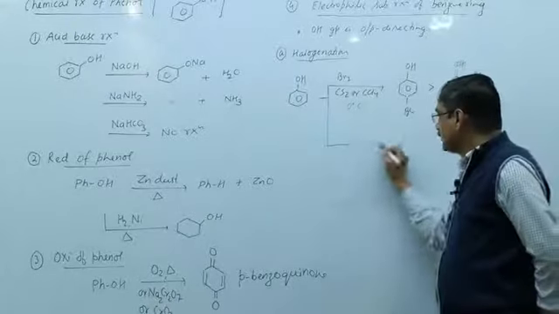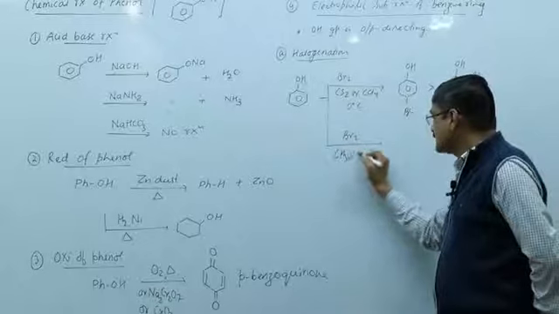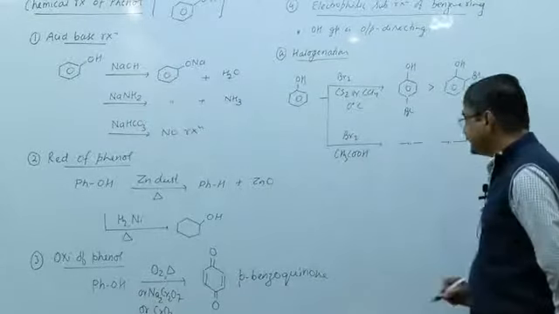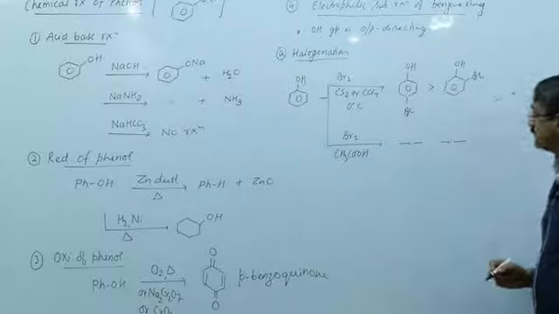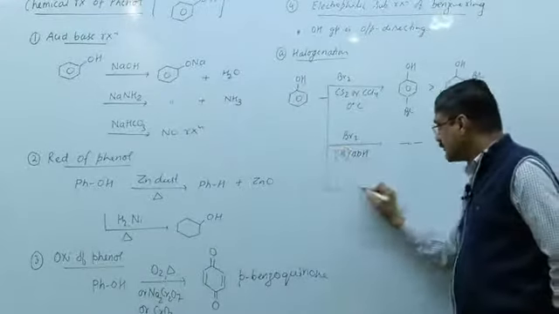If I take bromine in the presence of acetic acid, then the same products are obtained in the same sequence. Para product is major and ortho product is minor.